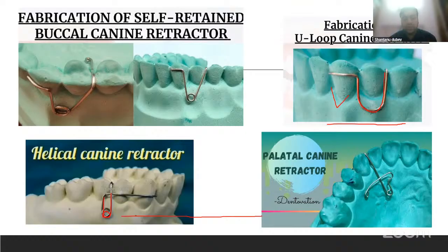This helix is the helix. If this had been a U-loop, the helix would not be here and the wire would be straight like this. Now imagine you have introduced a helix here. The length of the wire has increased. Yes or no? Absolutely yes. And we all know that the force of the wire is inversely proportional to the length of the wire. So the length of the wire is increased, hence the force of the wire is decreased.